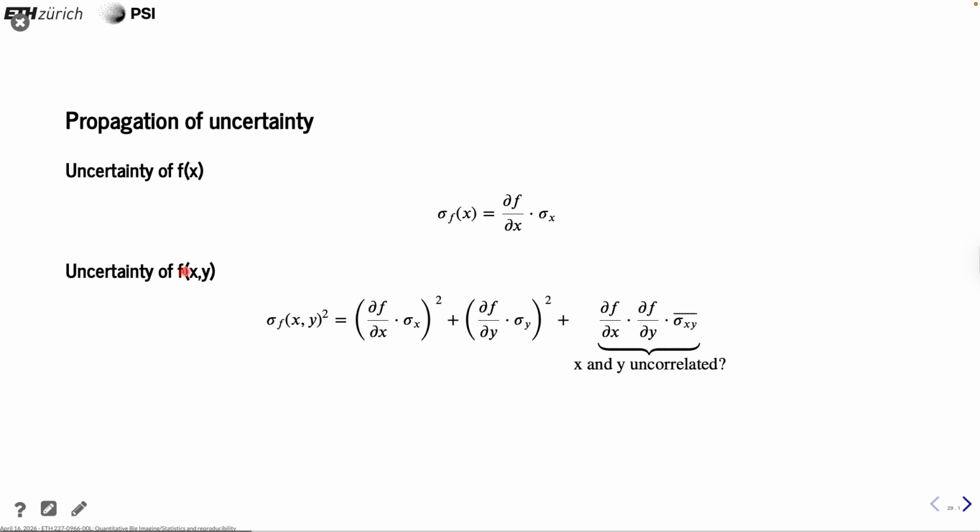If you have two variables, then you have the combination of the two, plus a correlation term between them if they are correlated. If they are uncorrelated, that term of course falls out.